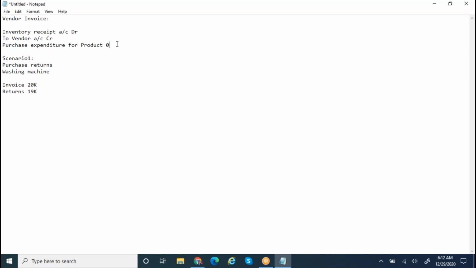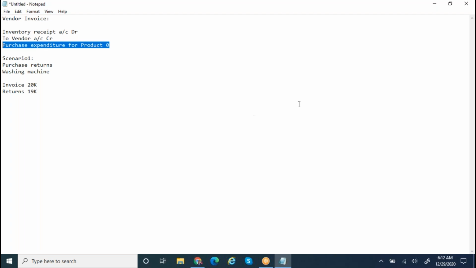The difference will be posted to this account. Actually the 20K should be nullified and 1K will be posted here, so that the net effect is 19K only. In this scenario, purchase expenditure per product comes into the picture.